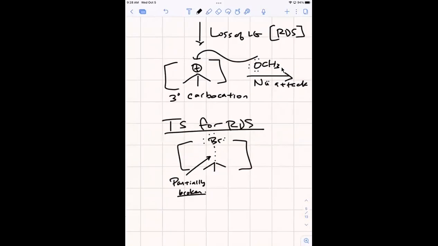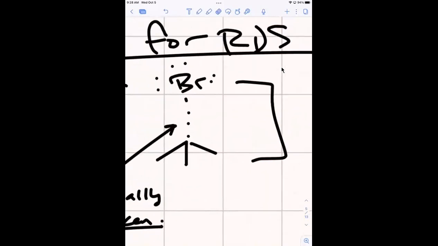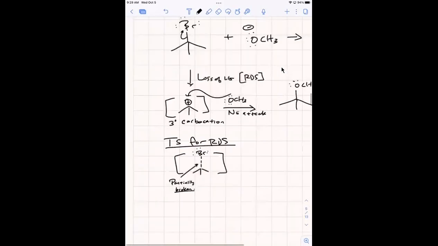How is that different from the SN2? What did the SN2 transition state look like? We just looked at this. In the SN2, don't they all attach and then it forces off the ion versus SN1 where it creates a carbocation?